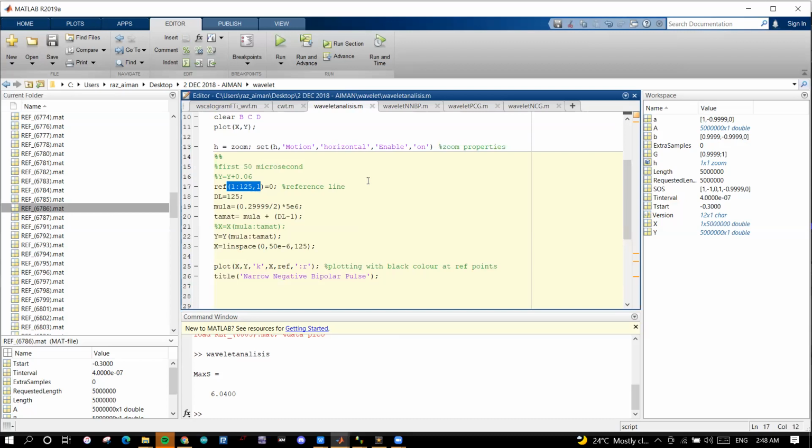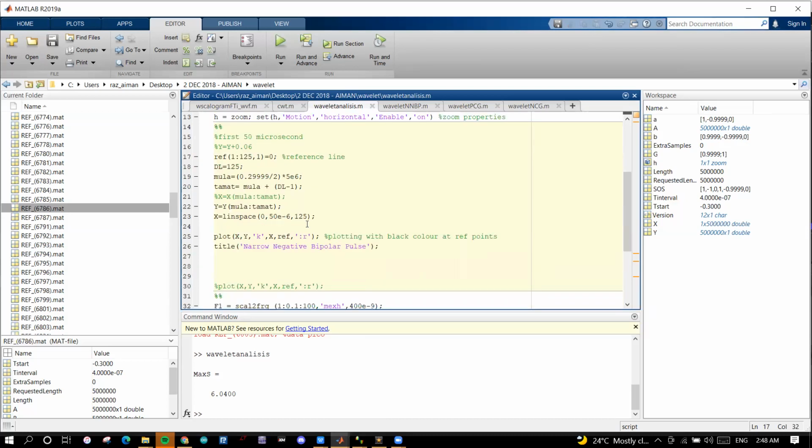I want a reference line to be set at 0 so that I can see the bipolar pulse, the crossing over and so on. Okay, so I will plot the data, and the title here is narrow negative bipolar pulse.